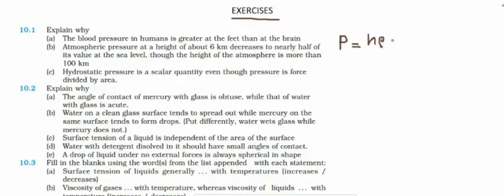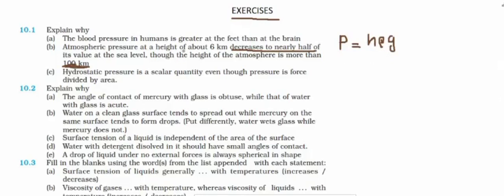If you assume that the height of the atmosphere is 100 km, then the pressure decreases to half at 50 km only, when h becomes h by 2.